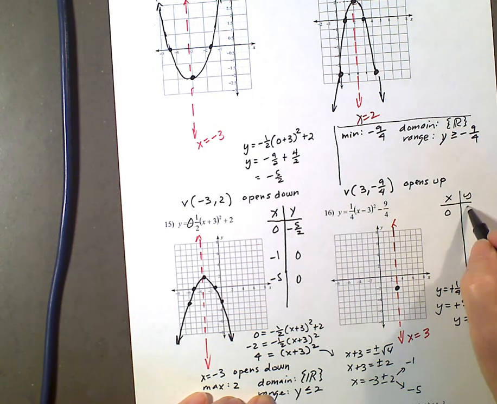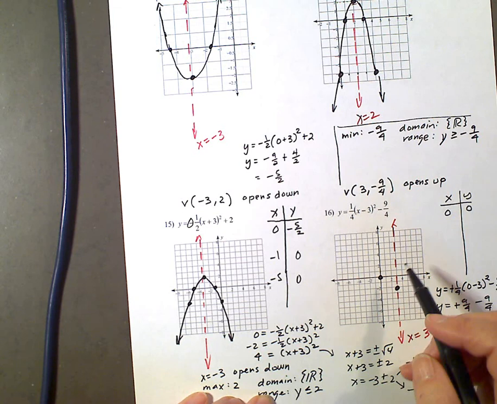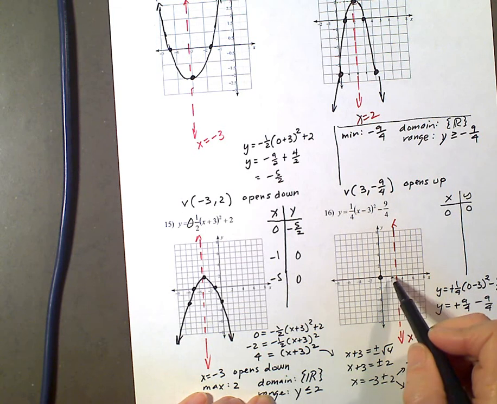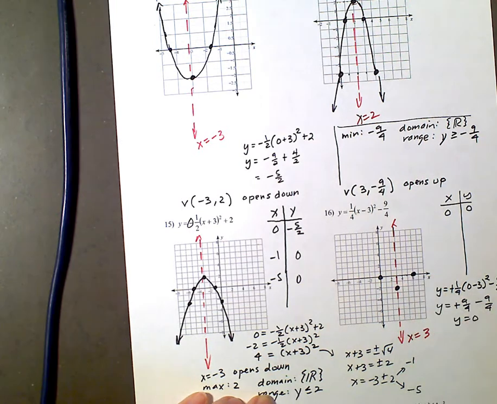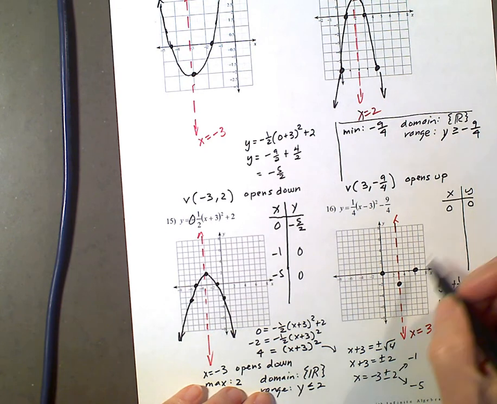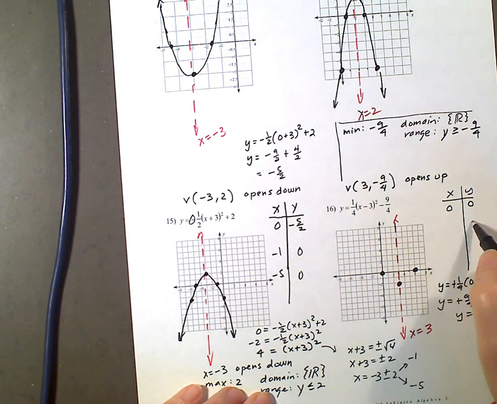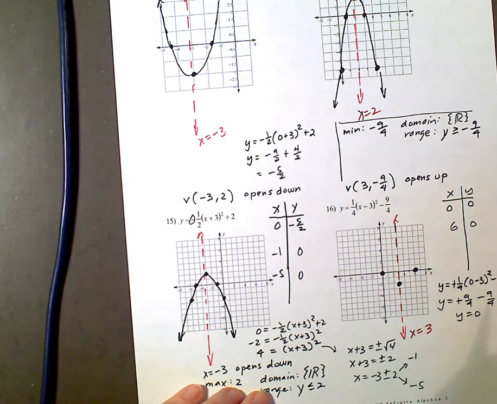So (0, 0) is the y-intercept and an x-intercept, and then I'm 1, 2, 3 to the right here, 1, 2, 3 to the left. There's my other root. So without even doing any more work on this, I know that one of my zeros is 0, and the other zero here is 6.